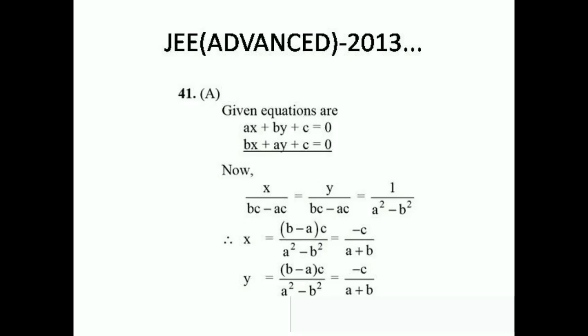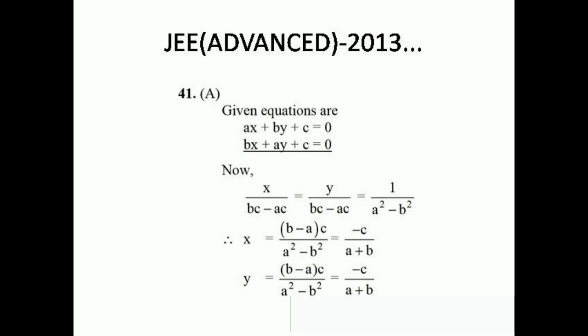You can use the elimination rule, or Cramer's rule, or the matrix rule, whatever suits you. Here I'm using Cramer's rule. So we have two equations, ax plus by plus c is equal to 0 and bx plus ay plus c is equal to 0.